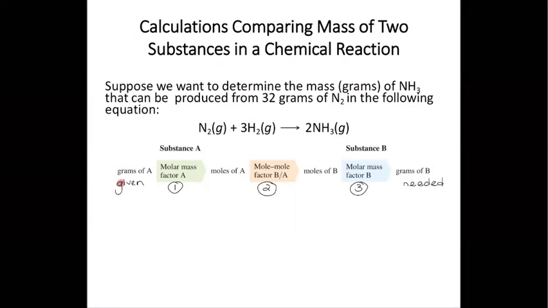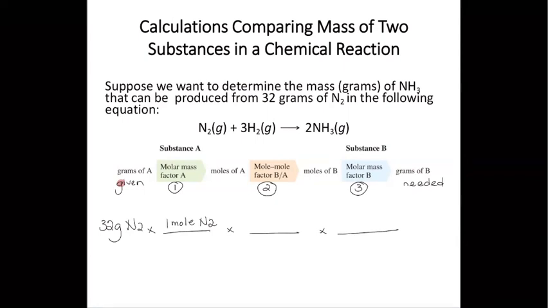Let's get started. Let's write down what is given to us: 32 grams of N2. In that first step, I'm going to divide by the molar mass of my compound. So on top, I say 1 mole of N2. What's going to be the mass of N2? You remember how to do that. How do we determine the mass of N2?